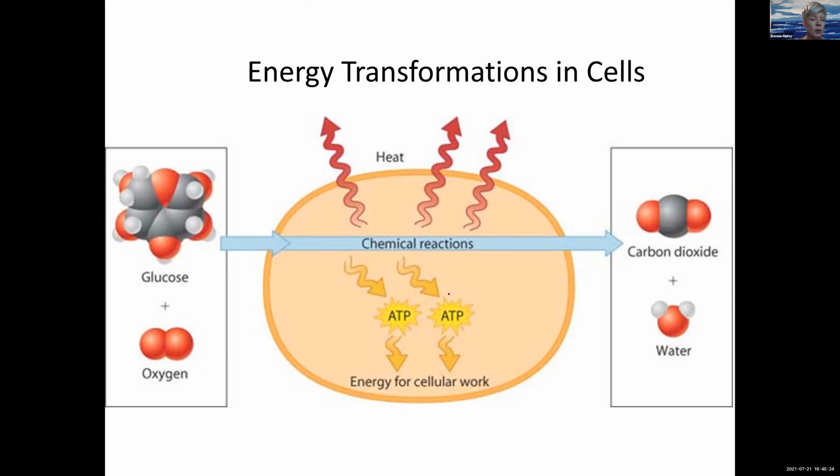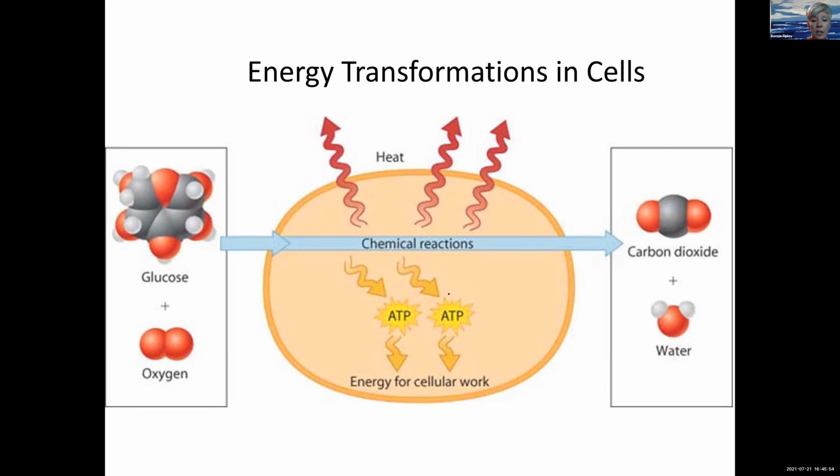All right, so we've got a glucose molecule on the left-hand side. That is a reactant. We are going to combine it with oxygen, do a whole bunch of stuff you're going to talk about in Bio 230, and end up releasing some of the energy as heat, and then transforming the rest of the energy into potential energy stored in ATP molecules that can then deliver that energy to do work in the cell somewhere.